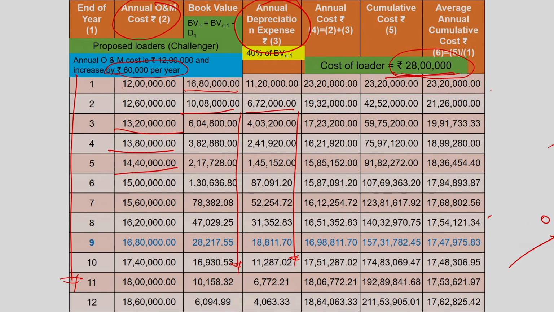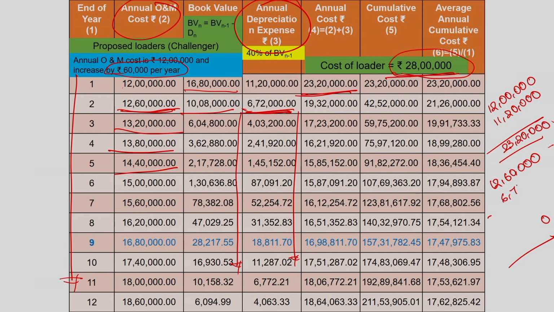Your operating and the maintenance cost for the first year is 12 lakh and your depreciation for the first year is 11,20,000. So your annual cost will be 23,20,000.